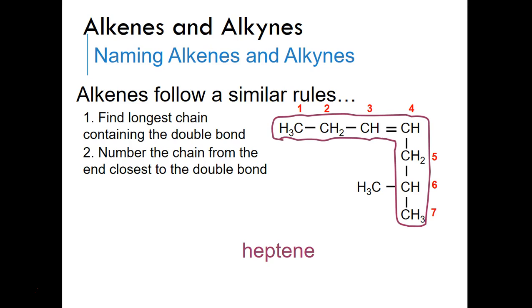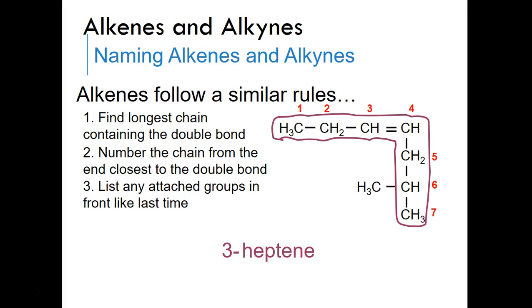When you start numbering, you can see that our double bond is between our 3rd and 4th carbon, so we can write 3-heptene. And then lastly you want to list any attached groups, just like last time. You can see right over here at the 6th carbon, we have a methyl group. So you can name it 6-methyl-3-heptene for this molecule.